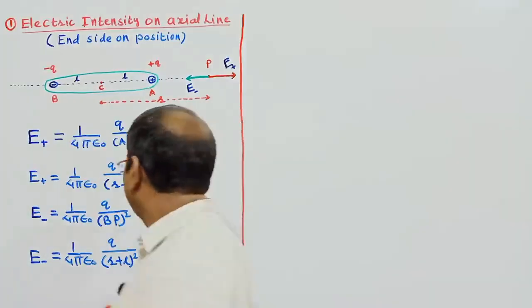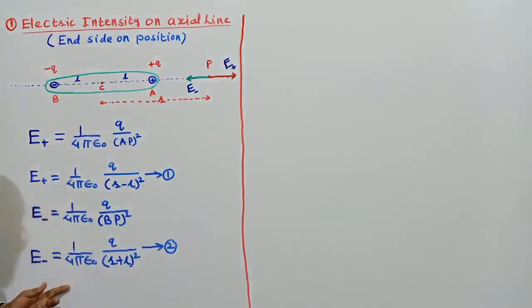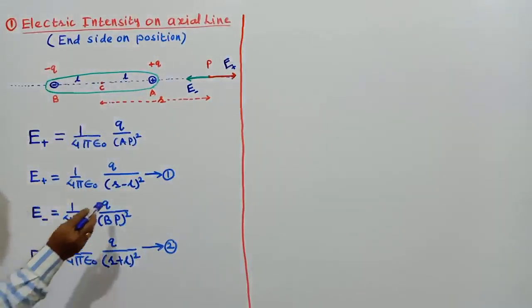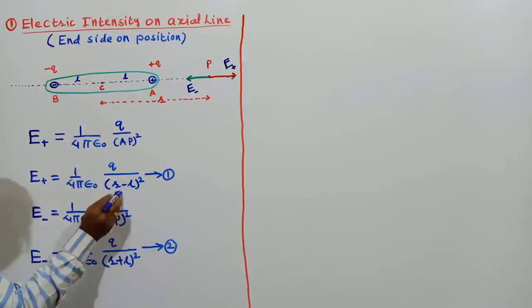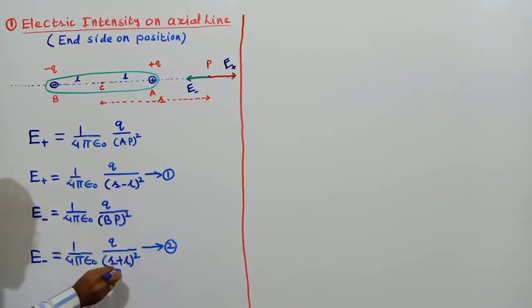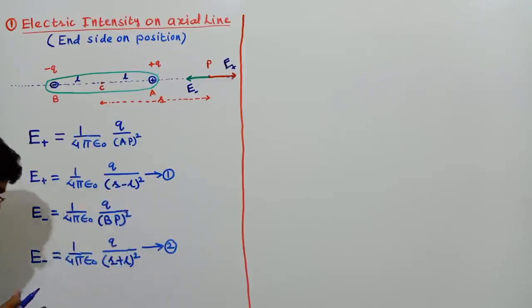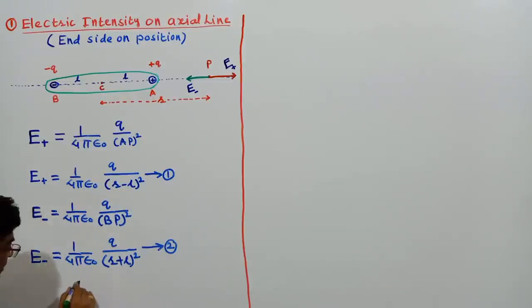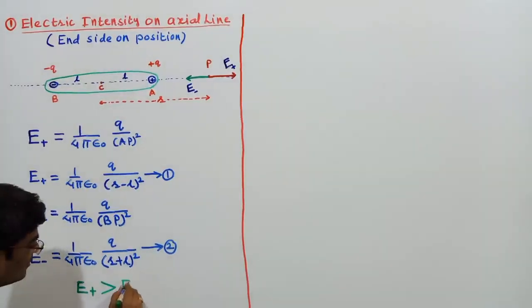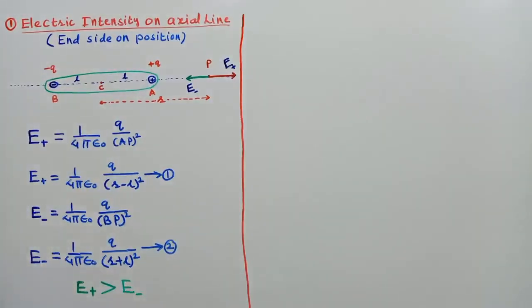Look here, equation 1 and 2. Only the difference which you notice is in the denominator, this term. Only minus or plus. So you mean that this denominator is smaller than this one, and obviously then I would write E plus is greater than that of E minus.